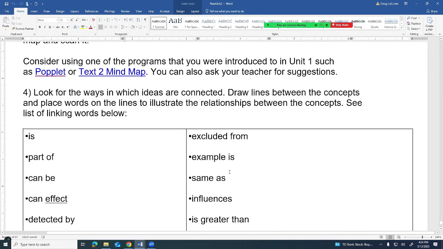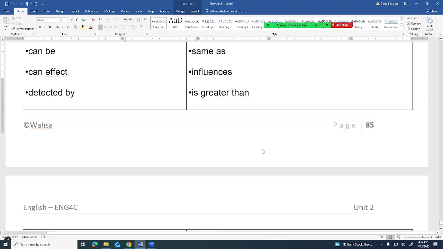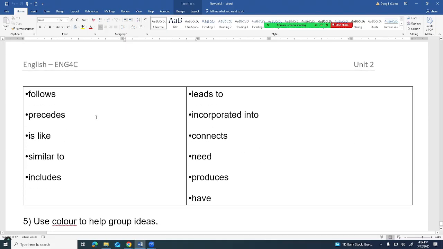And we also have "example," "same as," "influences," "is greater than." Also on the next page, "this follows that," "something precedes that." So often, when you go to a movie, right, and you have this physiological response, what causes that physiological response?